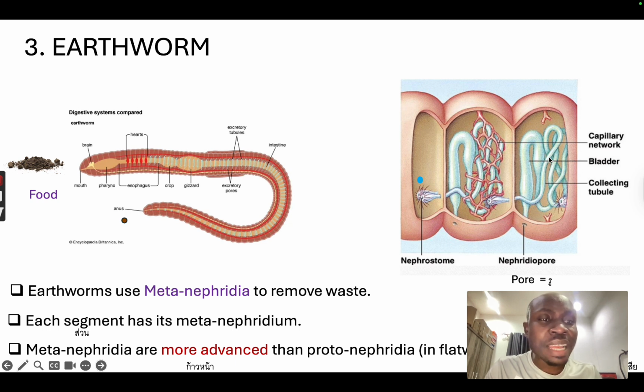There are also blood vessels around it, so that little things like salt and ions can move from the blood into the metanephridia, and they will come out with the water. It looks something like this. So the water goes into the little mouth and then out. These metanephridia in earthworms are more advanced. They work better than the protonephridia in flatworms.